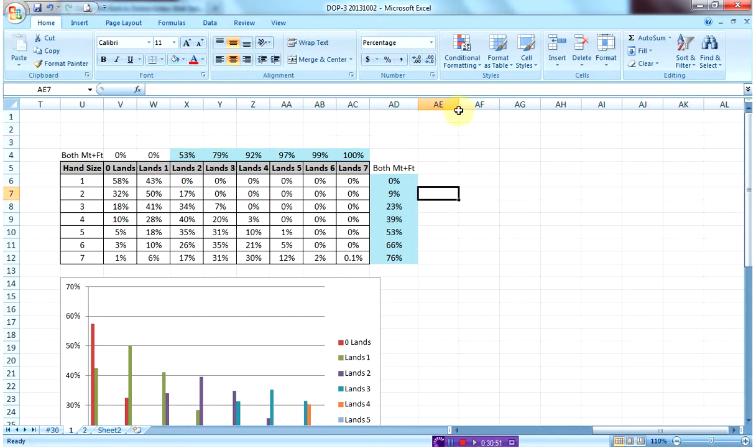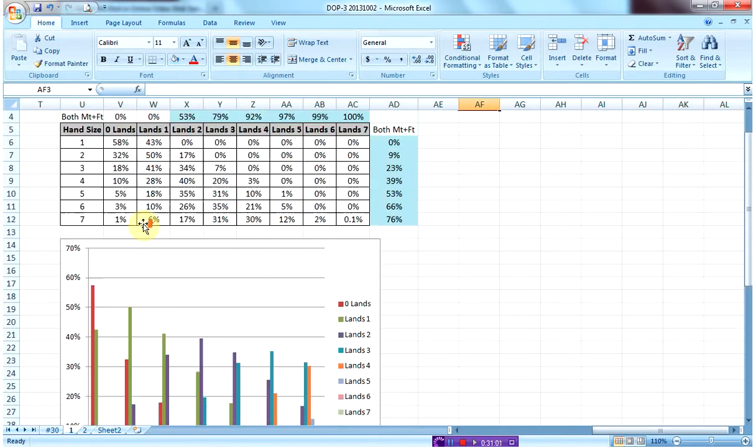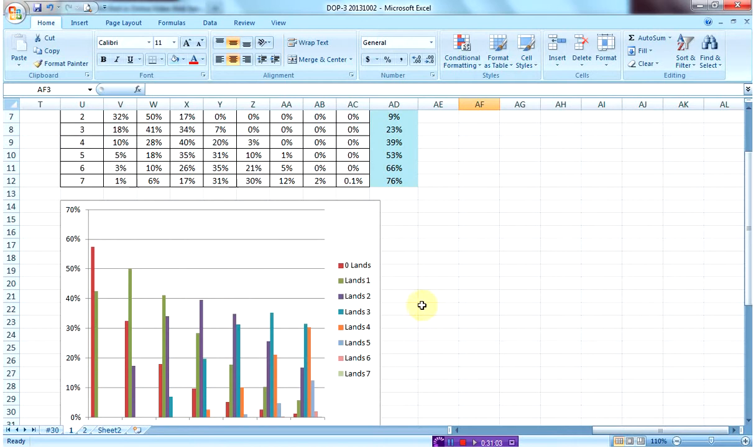So overall, we're starting out with our 7-card opening hand. We've got our distribution for how many lands we are likely to have in that opening hand, and we have most likely 3 or 4 lands.